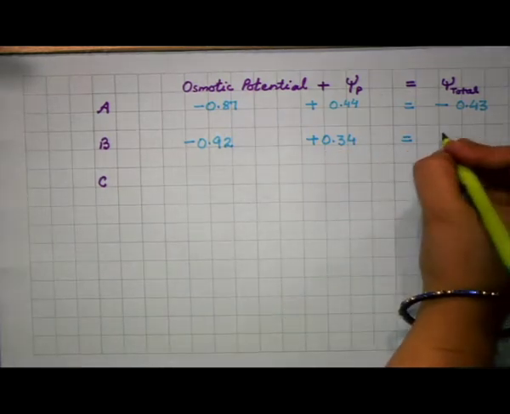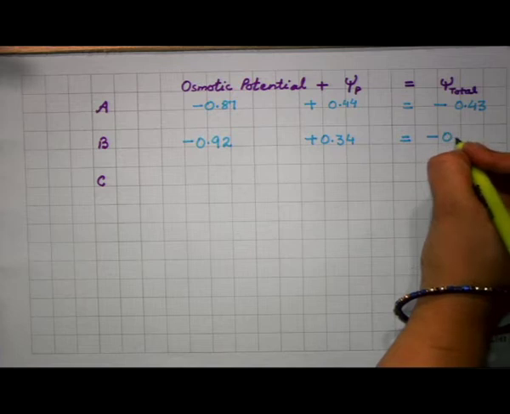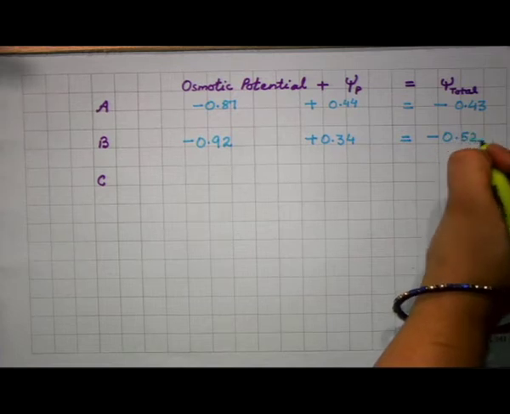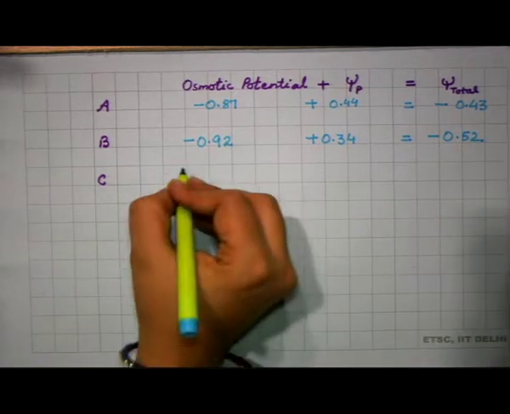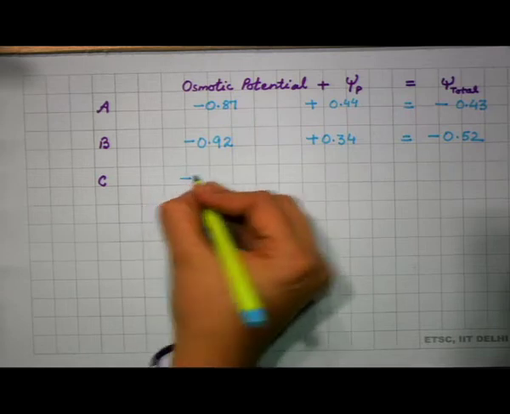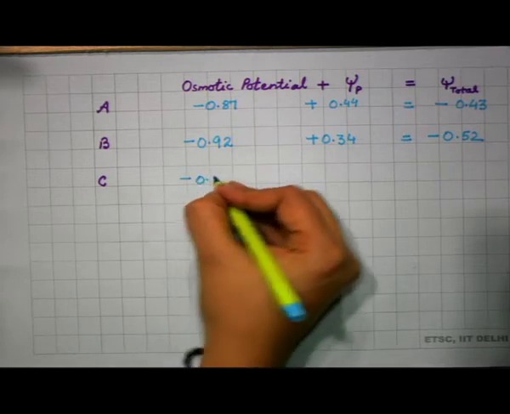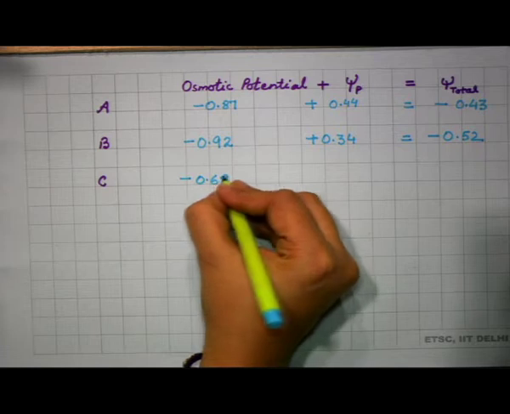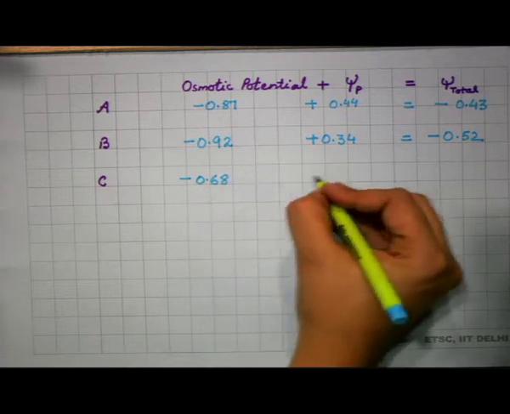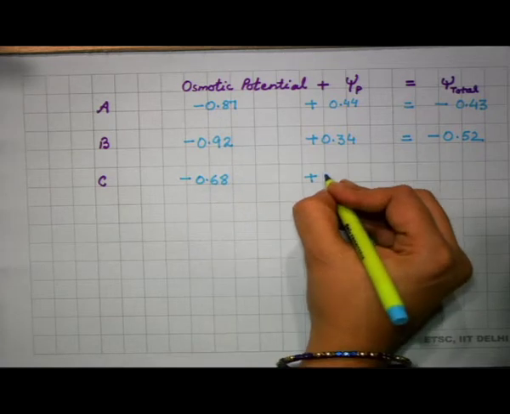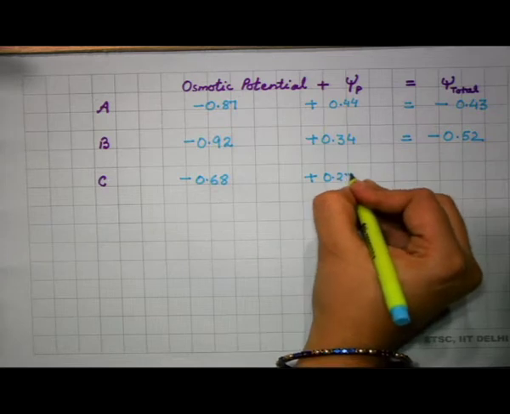The total water potential will come to be minus 0.52. Similarly, in the last case, cell C, the osmotic potential is minus 0.68 and pressure potential is 0.27.